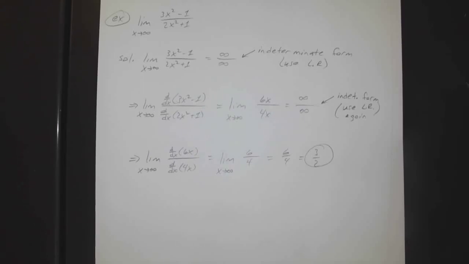There's a difference between indeterminate, which is your infinity over infinity, and doesn't exist, which is either infinity or divided by zero. It has to be in that infinity over infinity or 0 over 0 form.